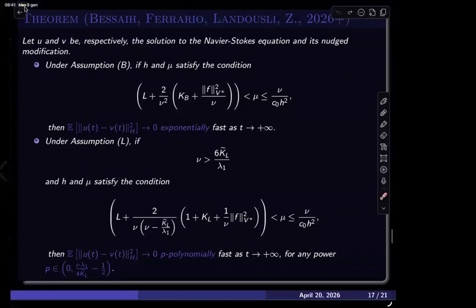I will not give an idea of the proof of this result, but I just wanted to emphasize that the speed of convergence that you obtain changes according to the kind of assumption that you make on your noise.